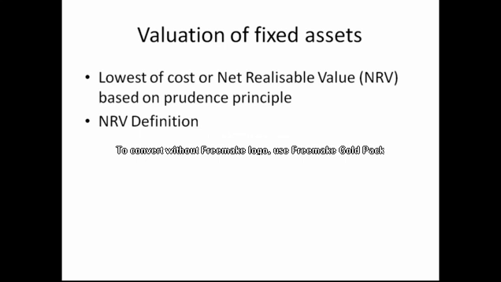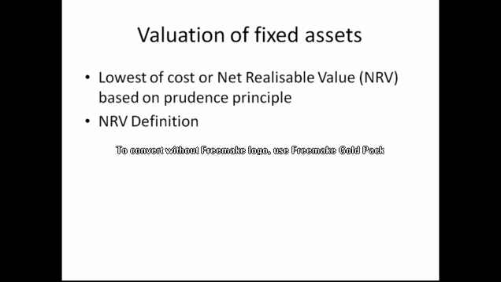So the definition of the net realizable value is basically what can you actually obtain for your asset in the open market, where there's free supply, or where demand and supply freely determines prices, and then subtract from that value how much it will cost you to get rid of the asset, because sometimes if you sell an asset, you will also have to incur transport costs to get it to the new buyer, or other costs might be incurred.